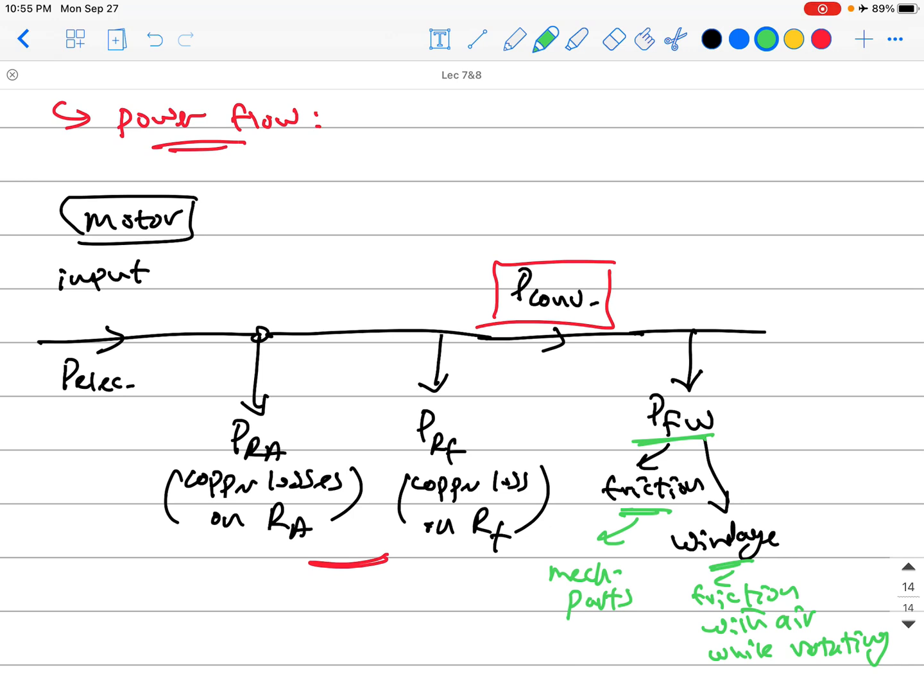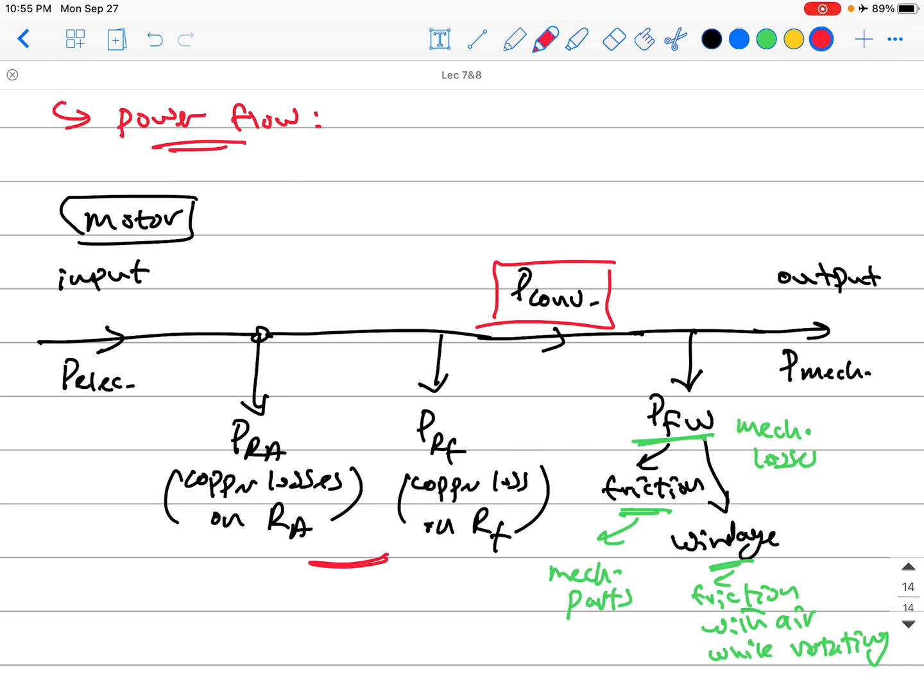Sometimes we call it the mechanical losses. It's obvious. It's some sort of mechanical power loss. Some of it is friction with the mechanical parts themselves, and some of it, what we call windage, is the friction with the air while rotating, okay? And the rest is the output mechanical power you needed from the first part.